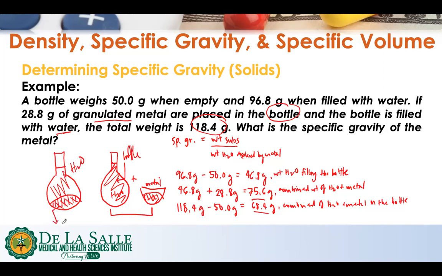That volume is supposed to be equal to the volume of the water that should have been there if the water were the only one present in the bottle. So, by getting the difference between these two, 75.6 grams minus 68.4 grams, we will be able to determine the weight of the water displaced by the metal.